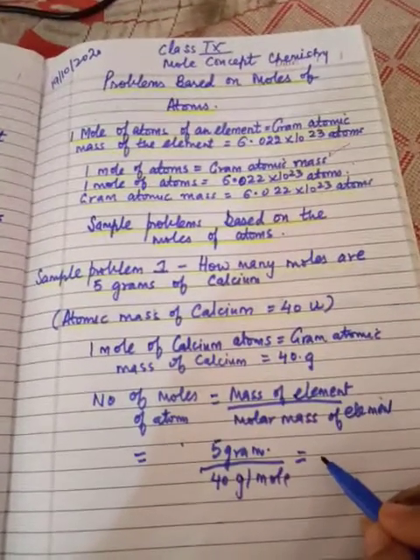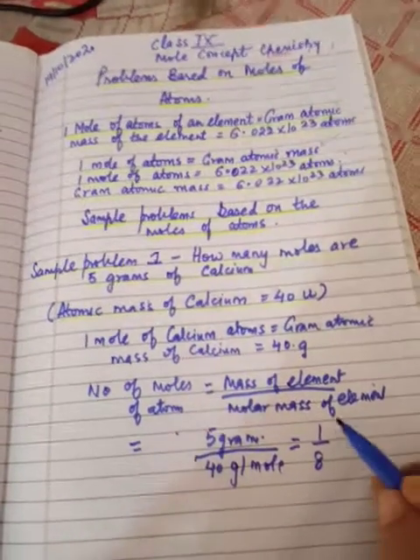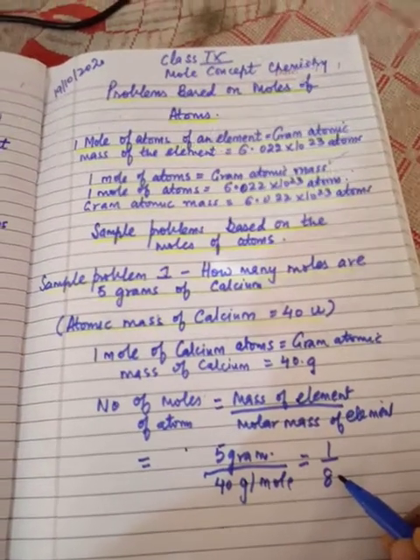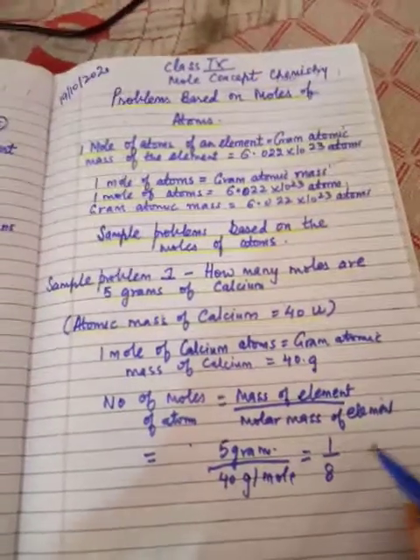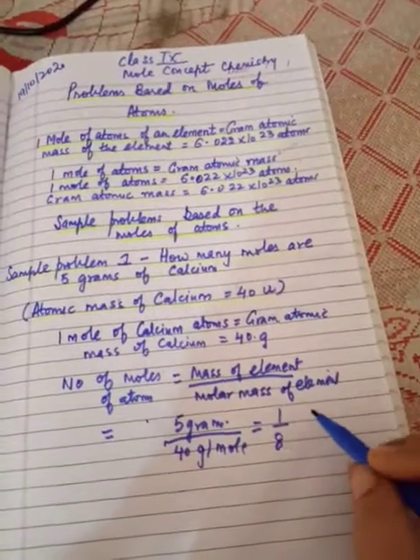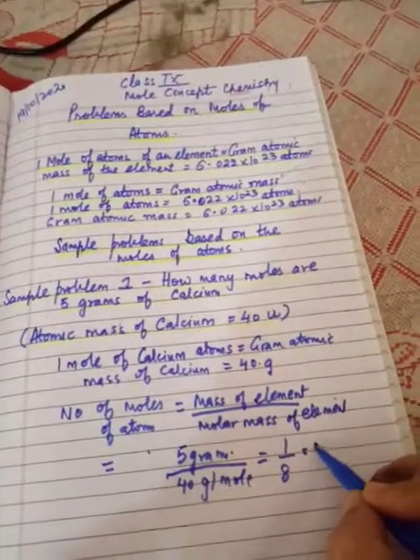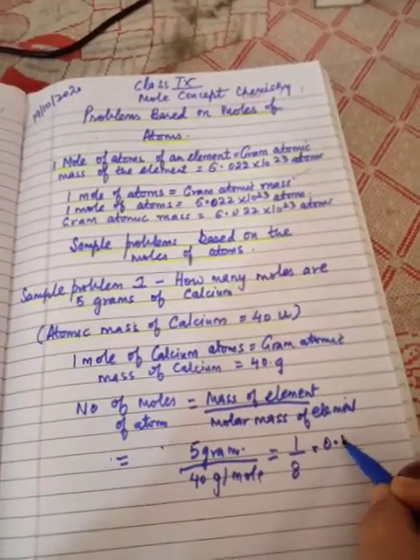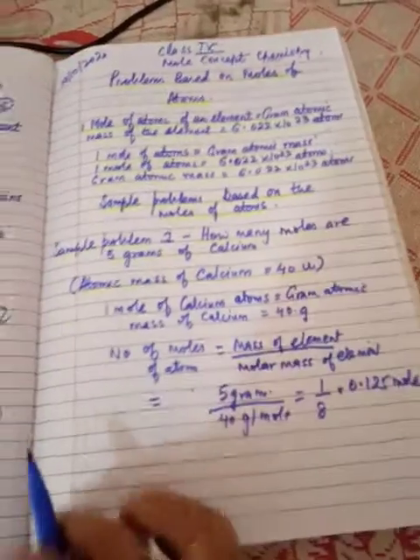5 ones are 5, 5 eights are 40. 1 by 8, right? 1 by 8 is there. Now if we divide 1 upon 8, that will come 0.125 mole. Right?